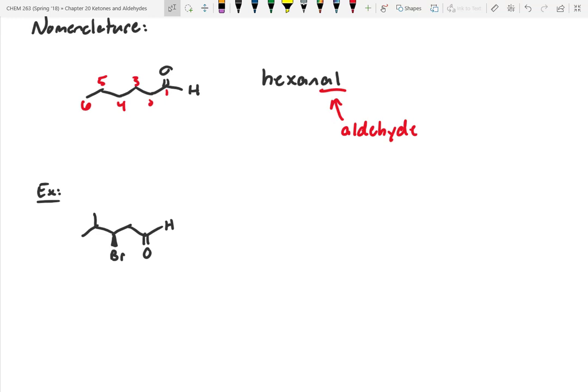So it will have an Al suffix. All right, let's try this together. Longest carbon chain, we said always starts at the aldehyde position. So we could go 1, 2, 3, 4, 5. And then we look at other functional groups coming off. We've got a bromine off of carbon 3, a methyl group off of carbon 4.